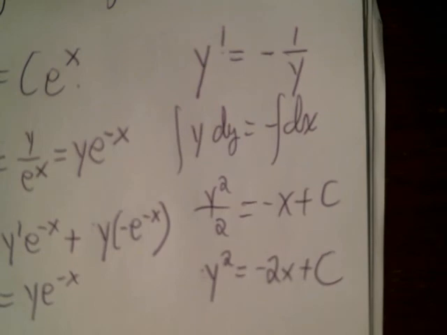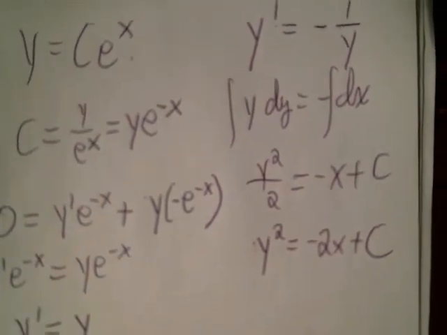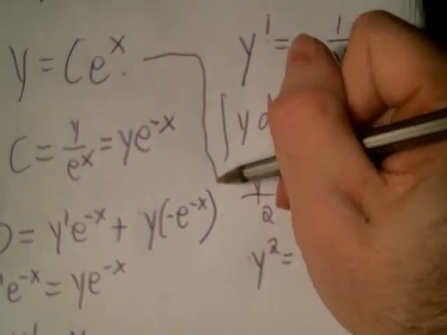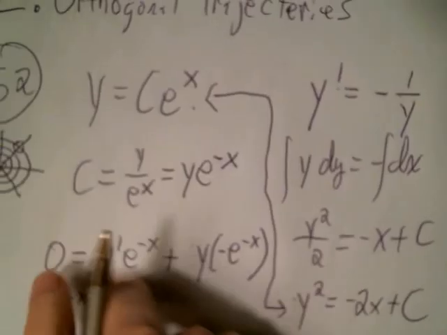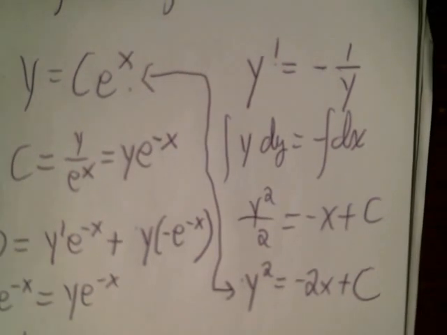And that would be a solution which you could plot and check. So it'd be a bunch of, I guess, sideways facing parabolas that will be perpendicular to that family. So this family and this family, if you graphed it out, you get some sort of situation where all the curves are perpendicular at any point.